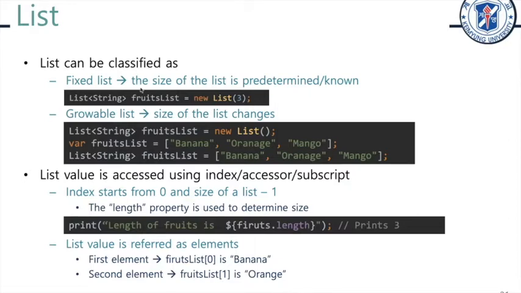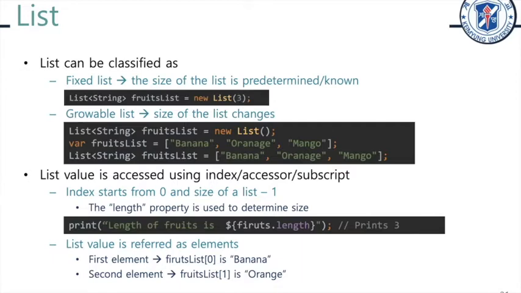A list can be fixed or it can be growable. That means the list can be dynamic or static. If you want to create a fixed list, then you have to say how many elements will be in that list. For instance, the number of days in a week is 7, right?